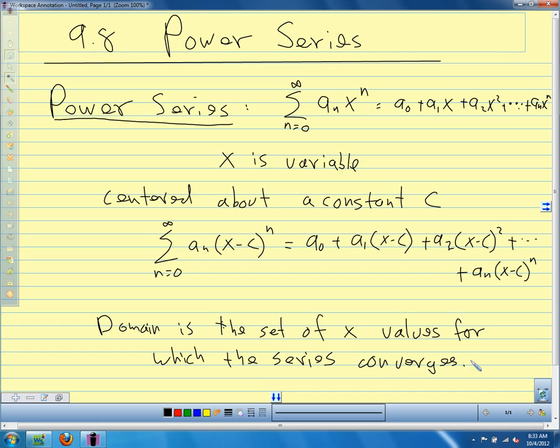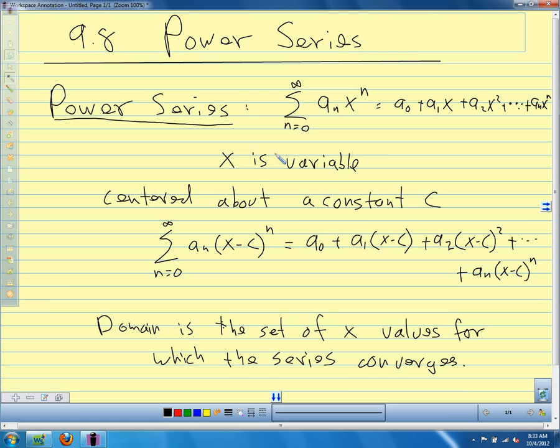So we're tying our power series back to our work with convergence, because if we're representing some function as a power series, we want to know when that power series is going to converge. So we have to figure that out, and that's the domain of our function.